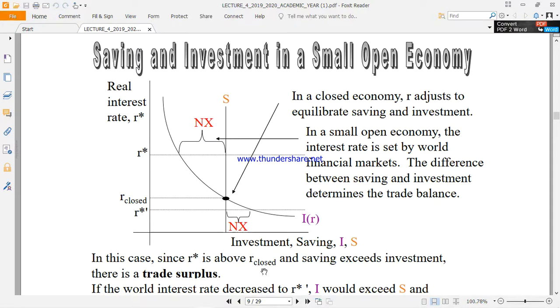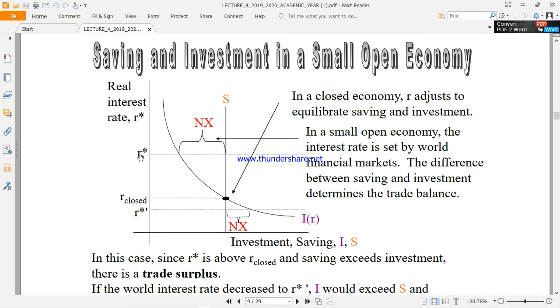Then in that case, the savings are greater than investment. Maybe you're wondering what I'm talking about. We understand that whenever the rate of interest is higher, we expect the demand to be less, and demand in this case is coming from investment.